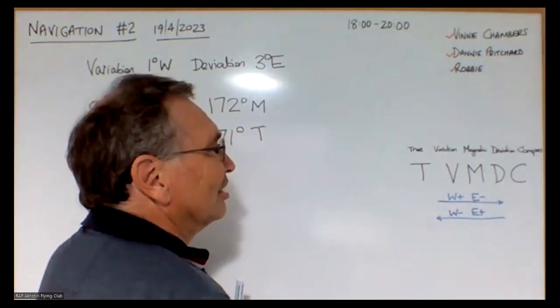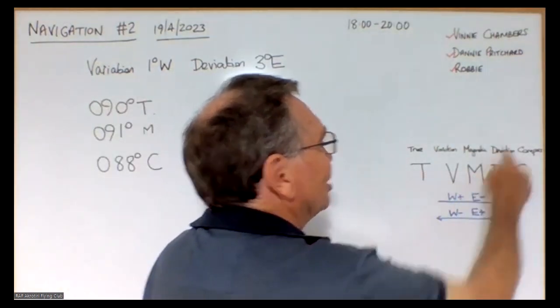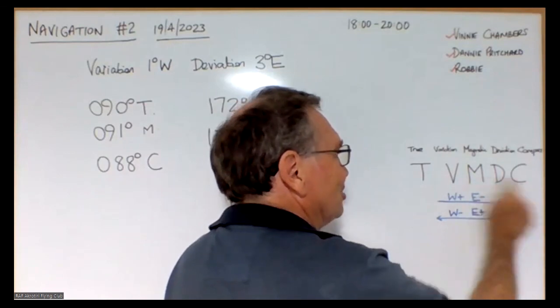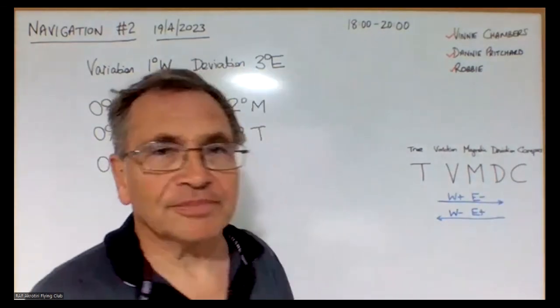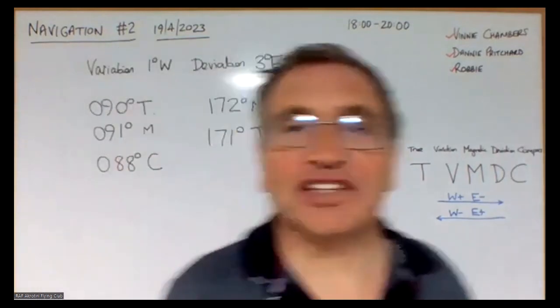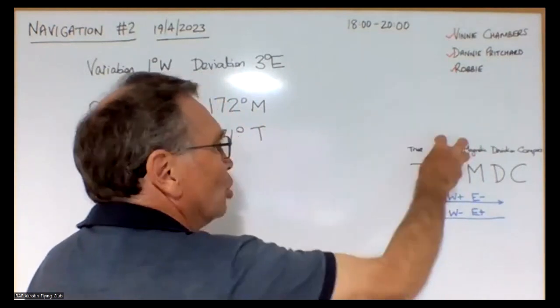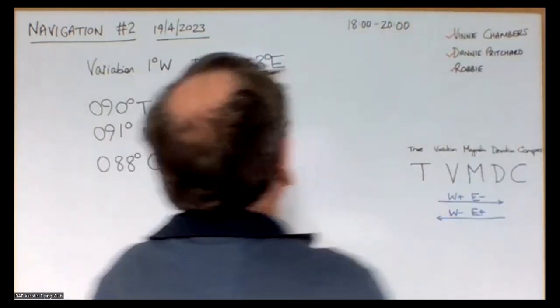Because you have to apply variation to go T and M, deviation to go M and C. There's no such thing as variation deviation, yeah? Because one is where you are on the planet, one is the plane you're flying in.